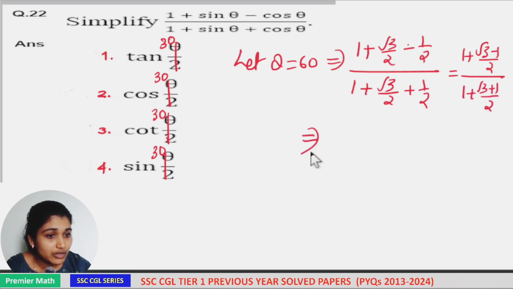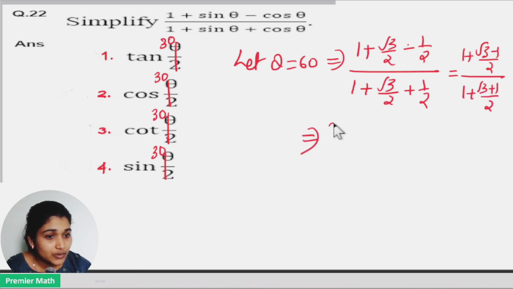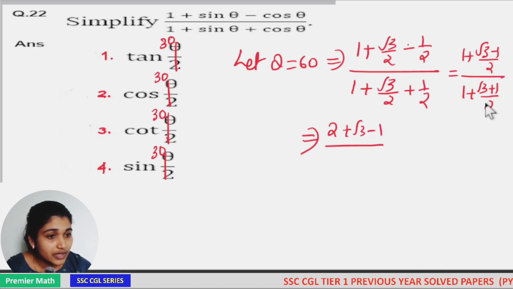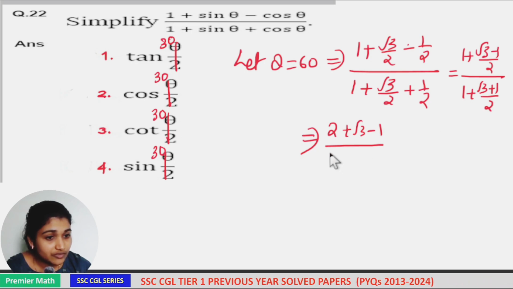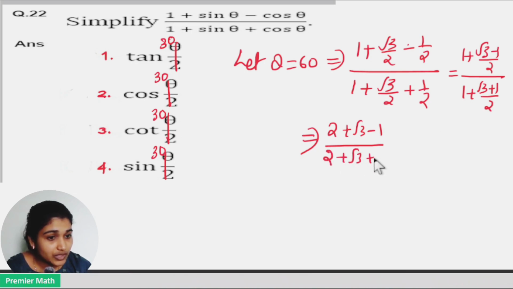Now if you cross multiply, this will become 2 plus root 3 minus 1 divided by, here divide by 2 in the numerator and divide by 2 in the denominator will cancel each other. Then in denominator it will become 2 plus root 3 plus 1. Now this is equal to 2 minus 1 is 1, 1 plus root 3 divided by 3 plus root 3.